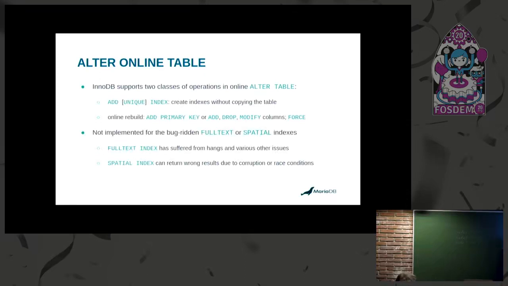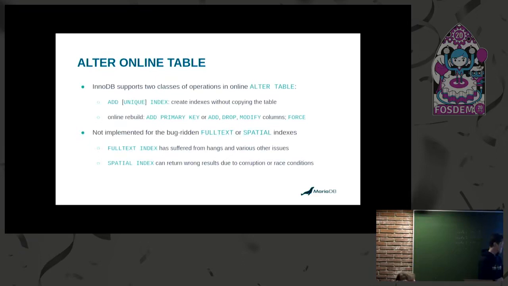So two kinds of operations are allowed online. You can add secondary indexes, or you can rebuild the table. There is even this keyword force if you want to request the table to be rebuilt, even if the rebuild wouldn't be needed otherwise. And this online alter is not implemented for full text or spatial indexes.